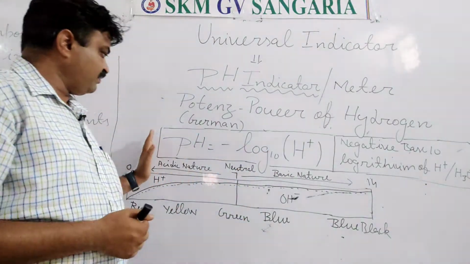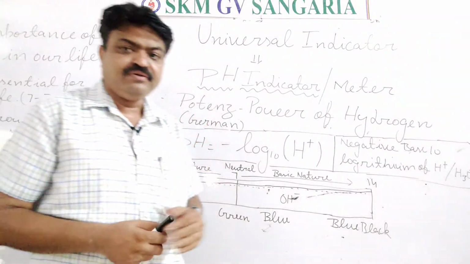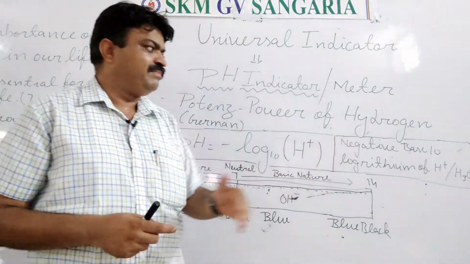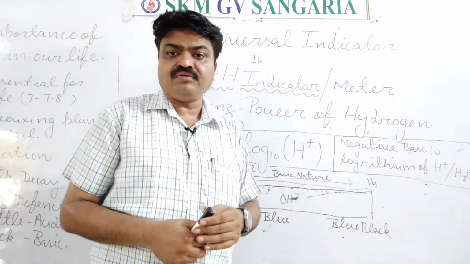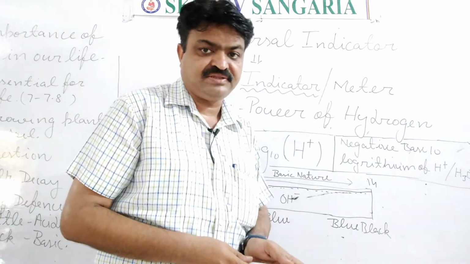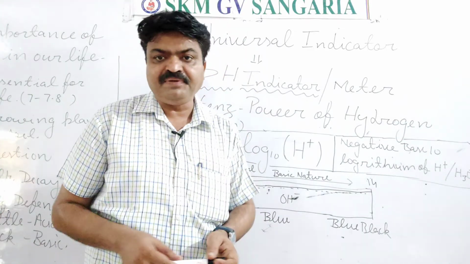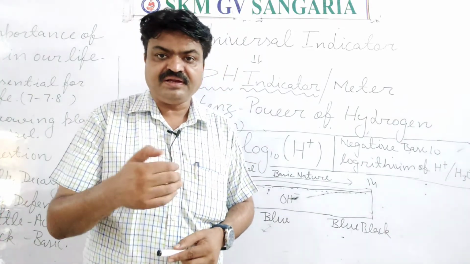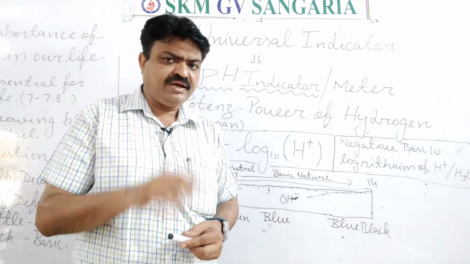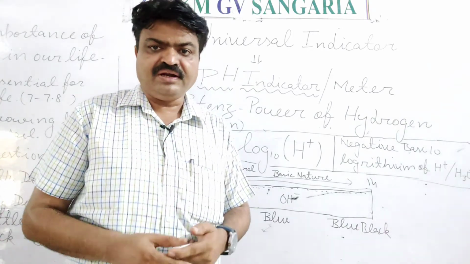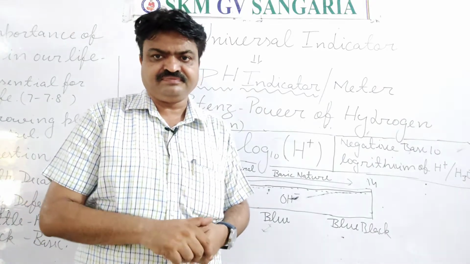And in words, how can you write? You can write the negative base 10 logarithm of hydrogen or hydronium ion concentration is known as pH indicator or pH scale, student. So with the help of this we can know the nature of substances.